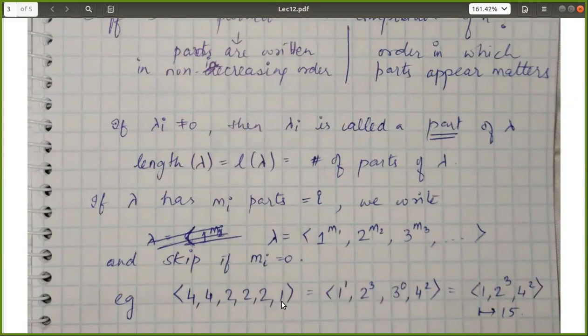So m1 is 1, m2 is 3. What is m3? 0. m4? 2. m5? 0. m6?